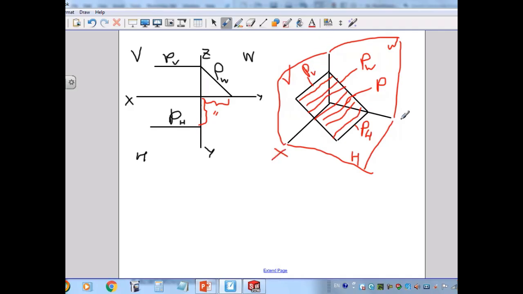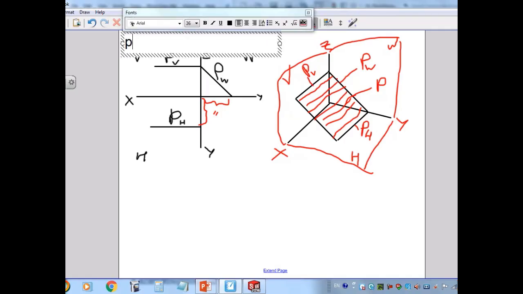That is X, that is Y, that is the Z axis. So this is called the profile projection plane.